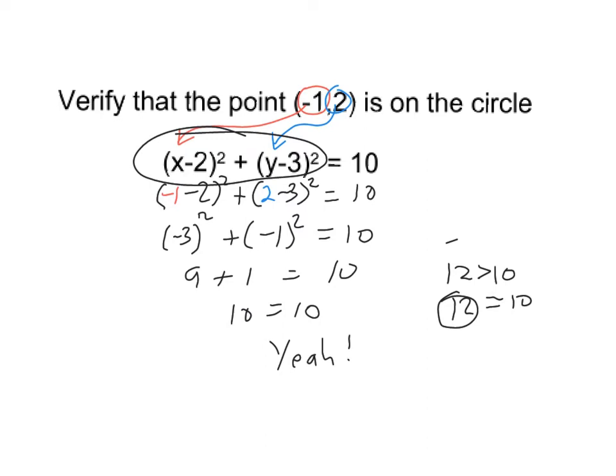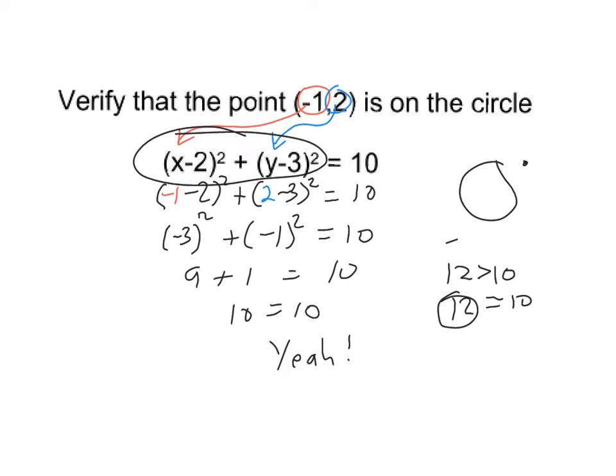So that means that the point we plugged in is somewhere out there. It's past the arc of the circle. It is not one of the points that is equidistant from the center, which is based on the definition of the circle.